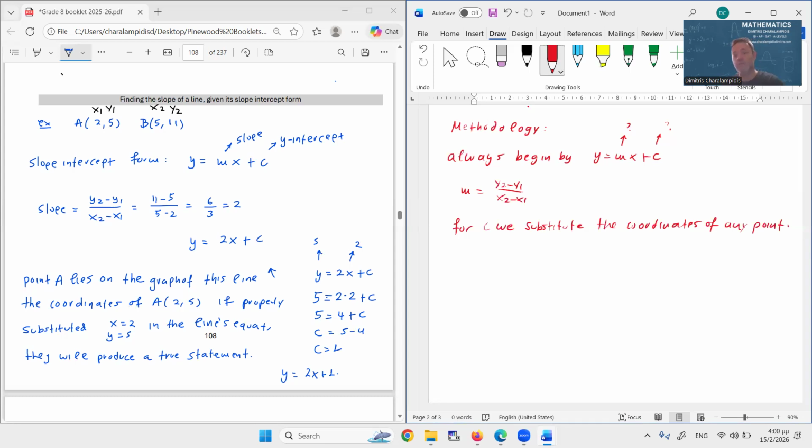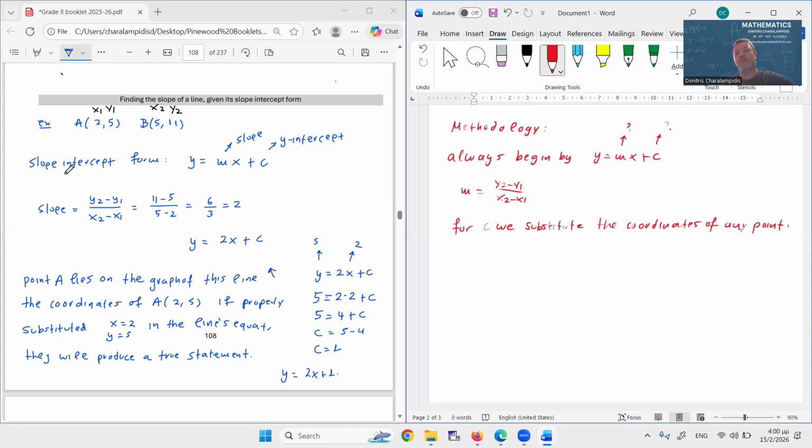It shouldn't be the case. You should be able to find the same value of c whether you choose point A, point B, or any other point that lies on that line. So always begin with the slope-intercept form, find the slope first, and then the value of c based on the coordinates of any of the points.